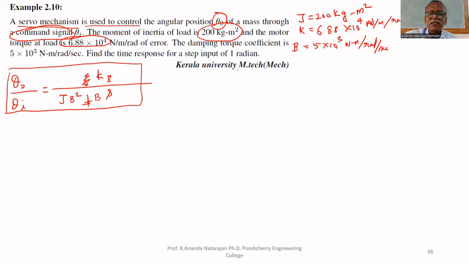What is the mechanical system? A mechanical rotational system will consist of J, K, and B. This K is gain, static gain, not spring constant. The spring constant is Ks.